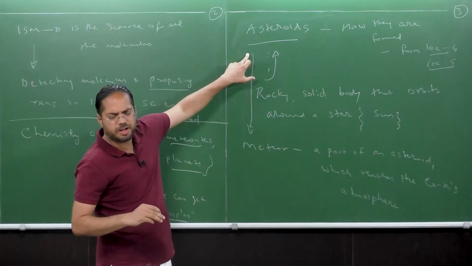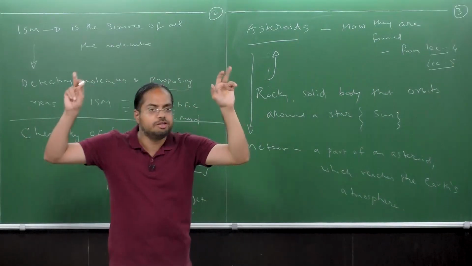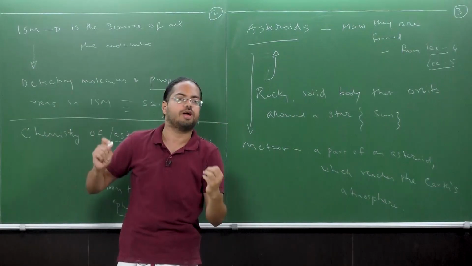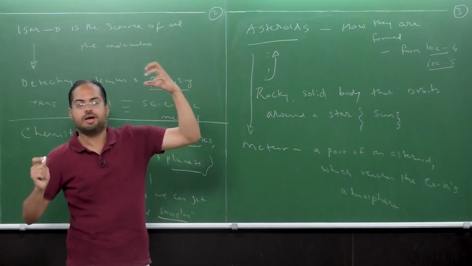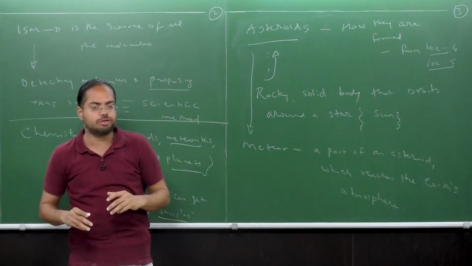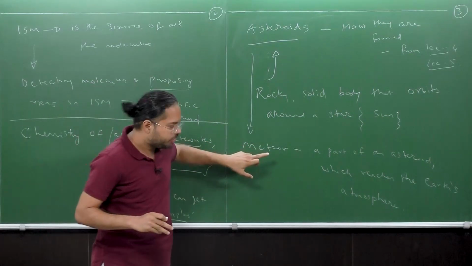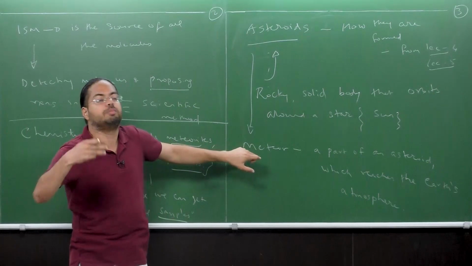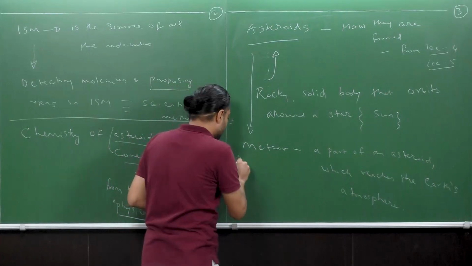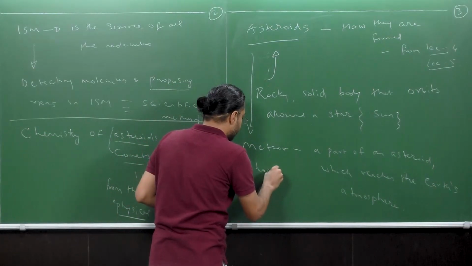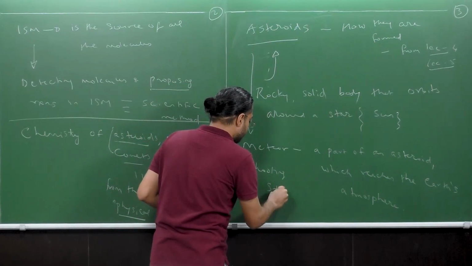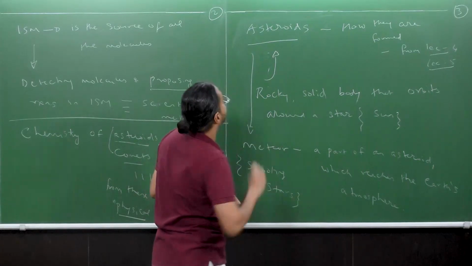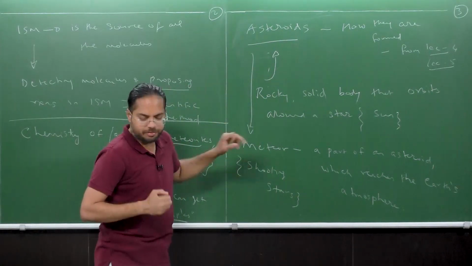Now, typically, we keep hearing about shooting stars. Lots of shooting stars, a range of shooting stars, which can be seen in the sky. So the shooting stars are nothing but the meteors. Okay, so this is a meteor.